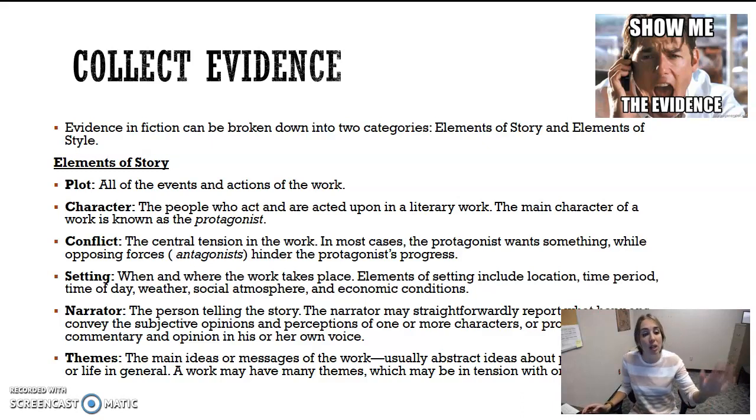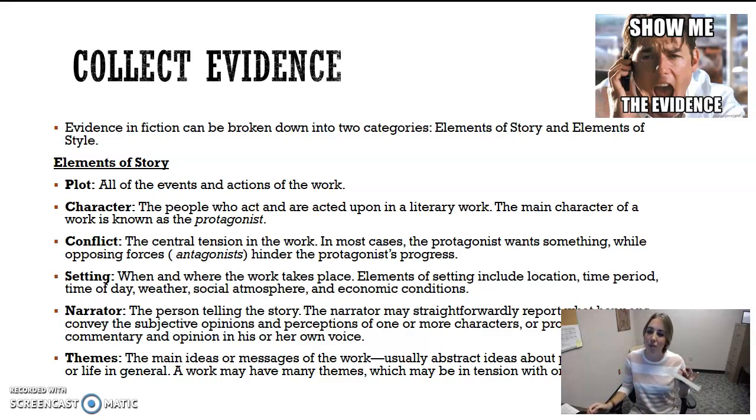And so you can take some time to read through this PowerPoint slide. It will walk you through the different elements of story. There's plot. That's what happens in the novel. There's characters. Those are the people in the novel. Conflict is the big tension, the big action that's happening. In our book, it's murder. Setting is where this takes place. In our book, that's on a train. The narrator is the person telling the story.